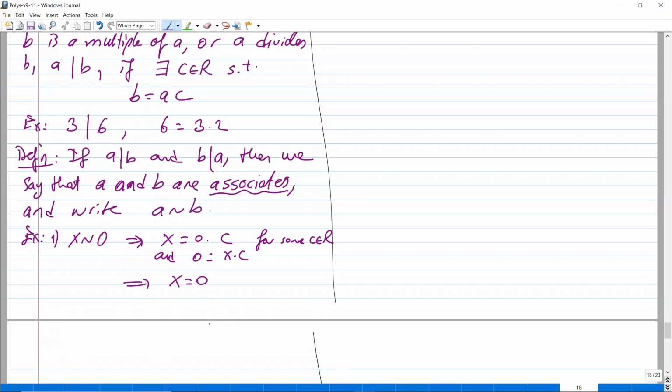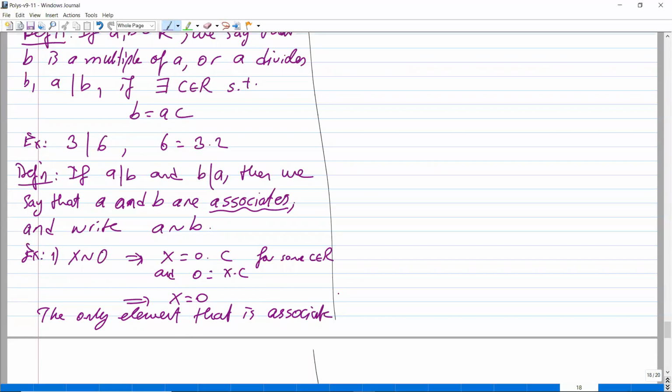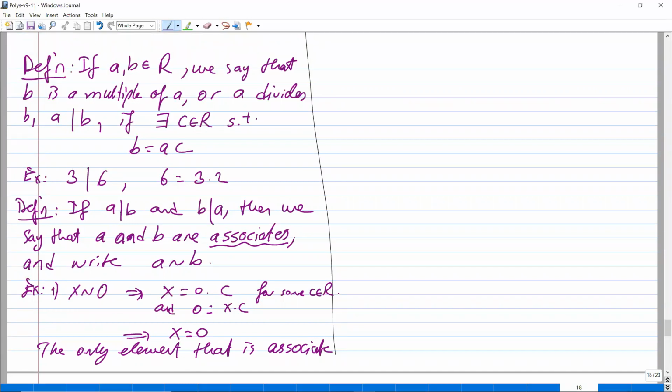So the only element associated to 0 is 0.